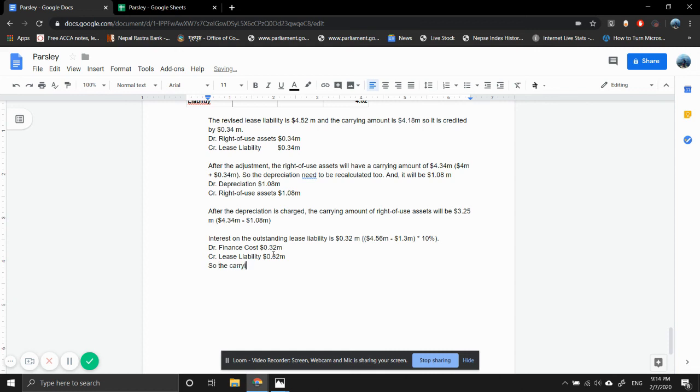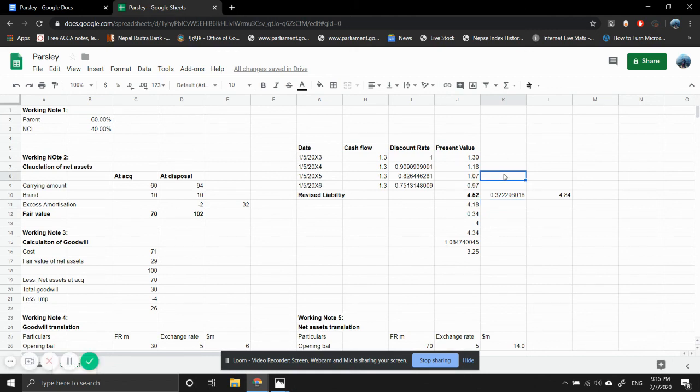So the carrying amount after the interest, the carrying amount of lease liability will be basically this figure minus this plus, I've already calculated it, 4.84.